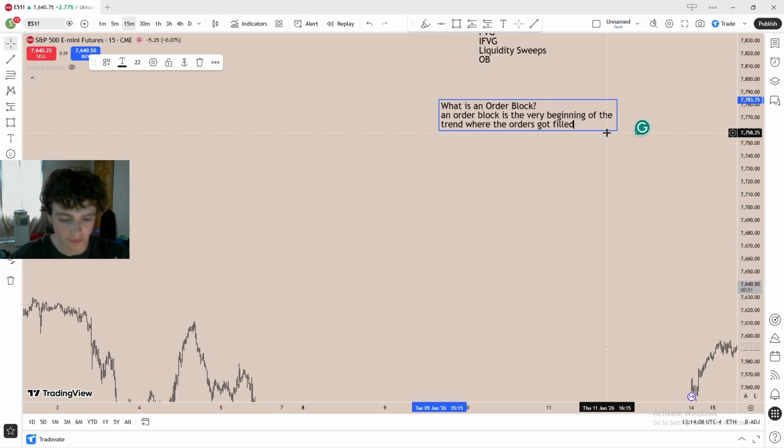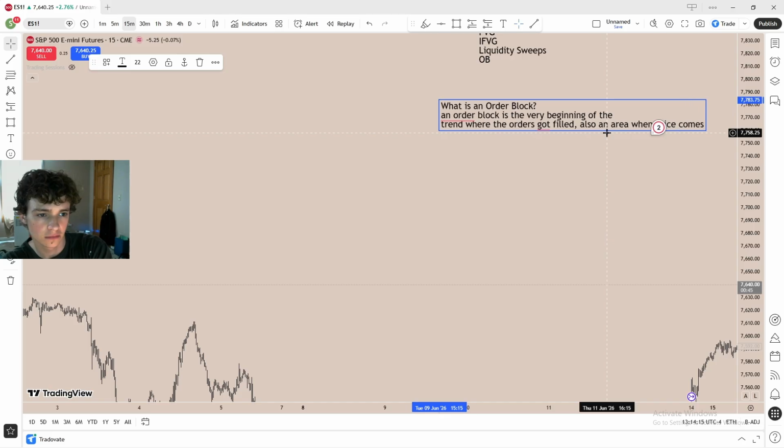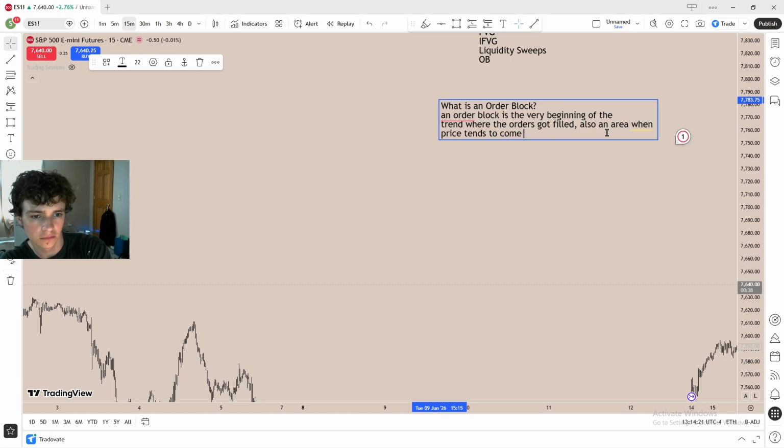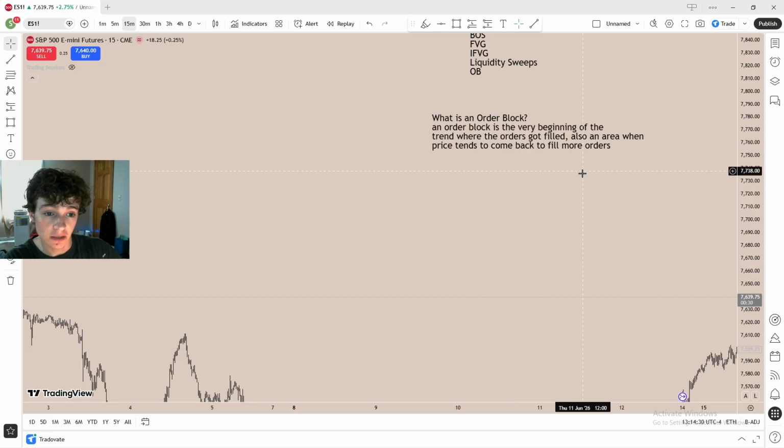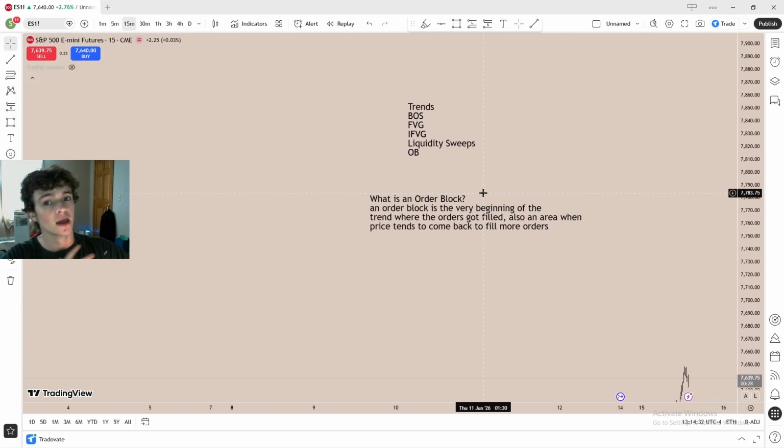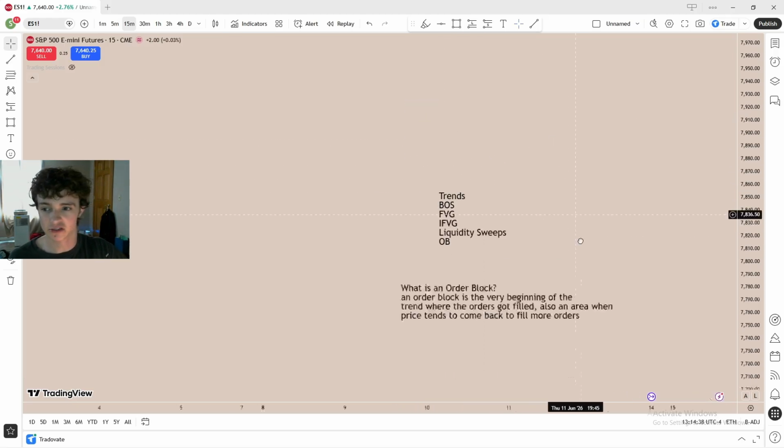And I'm going to add a little more: also an area where price tends to come back and fill more orders. So I'm going to do a little hypothetical chart drawing here, and then I'll explain this definition in the chart.